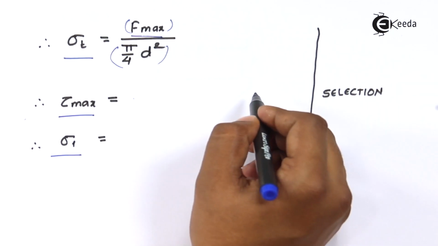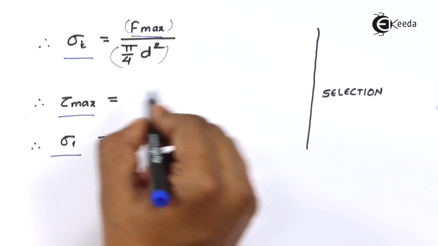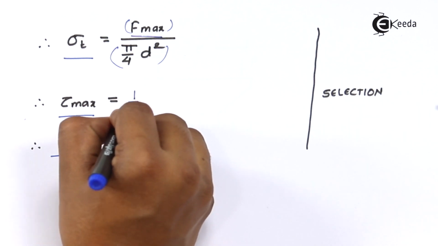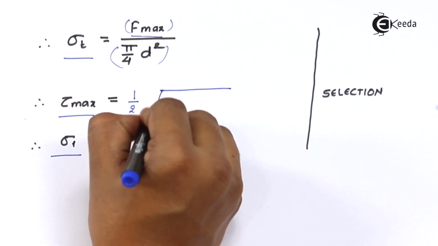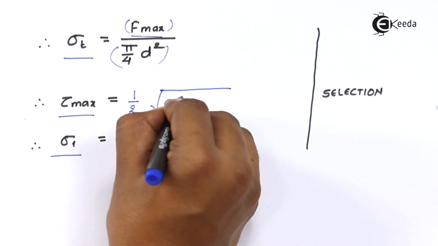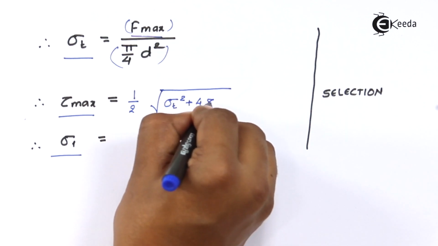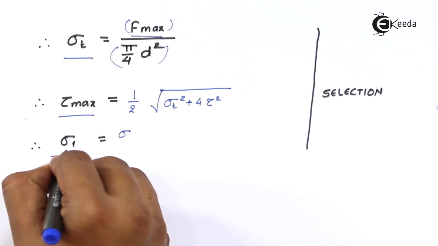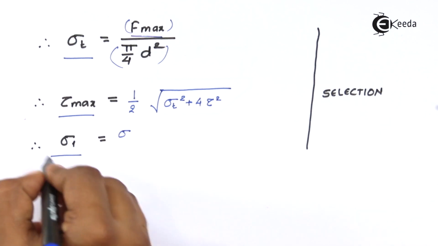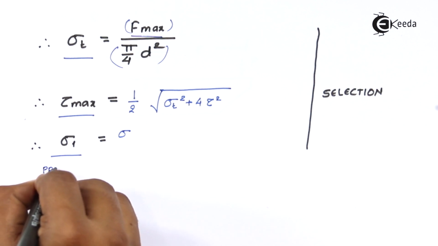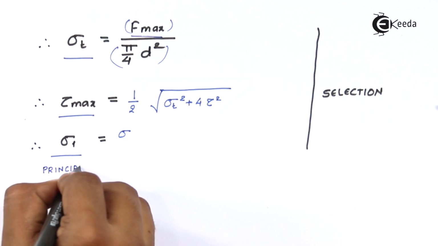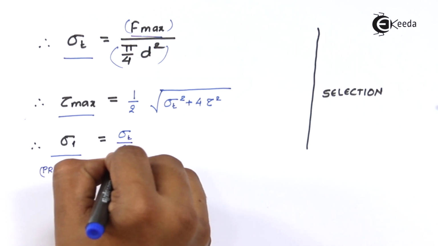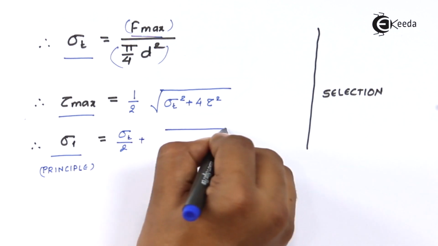Now we know that it is under combined loading, and that's why we have to consider the maximum shear stress that's coming on the object, and the formula is very simple again. It's the square root of 4 times tau squared, and this thing comes out to be, now this is the maximum stress, which is of course principal, so it is sigma t divided by 2 plus of course this.